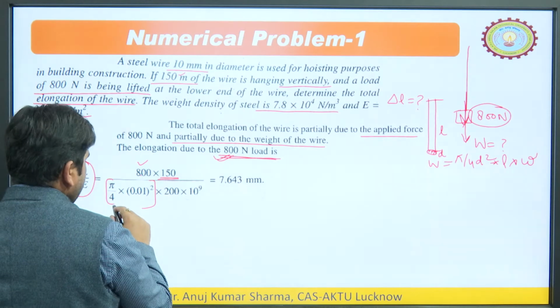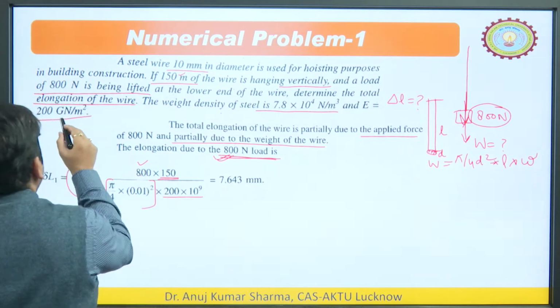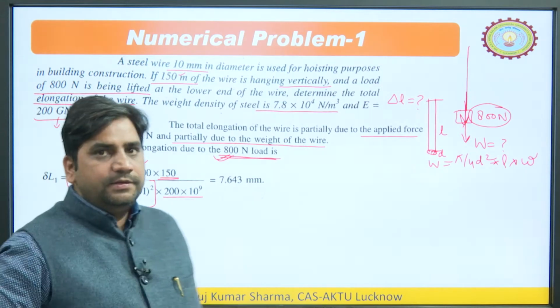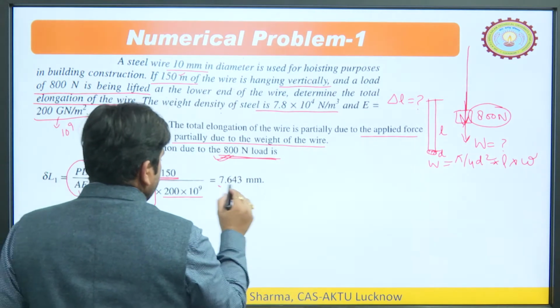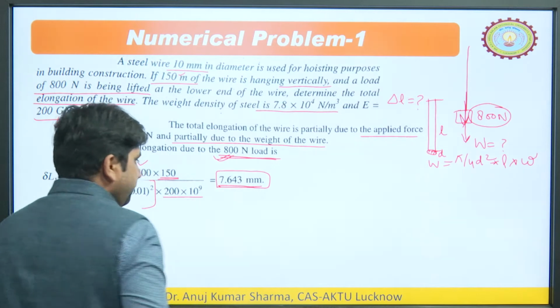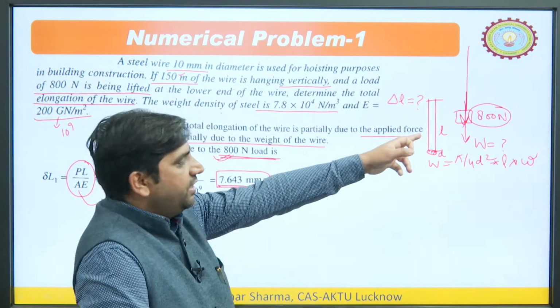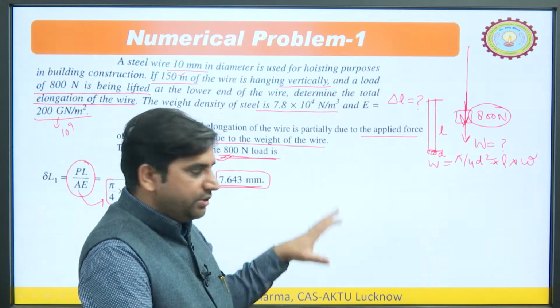This is the area, and E is given as 200 giga, meaning 10 raised to the power 9. When you apply this, you get delta L1, the extension in the length of the wire due to the 800 Newton load.